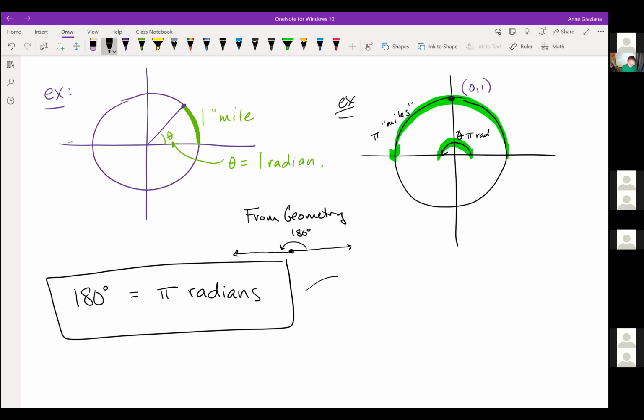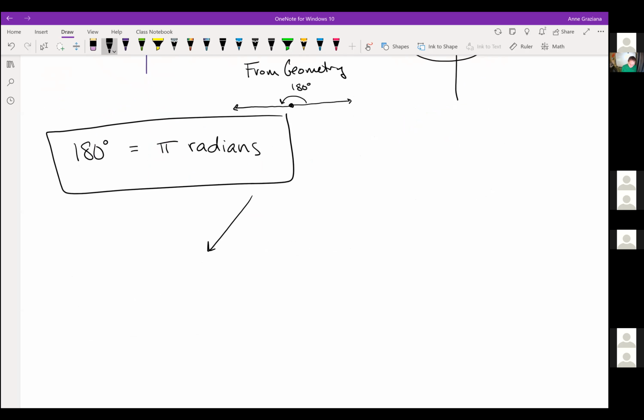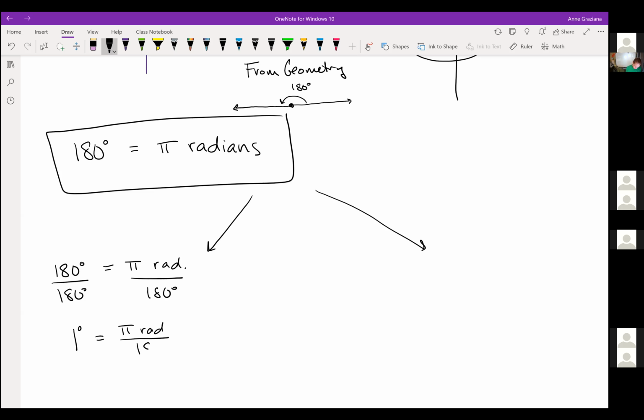So I am going to run out of time today, but I will tell you one last thing before we end. There's two ways to look at this. If I look at this equivalence, 180 degrees is equal to pi radians, and divide both sides by 180 degrees, 180 over 180 is 1, so 1 degree is equal to pi radians over 180.